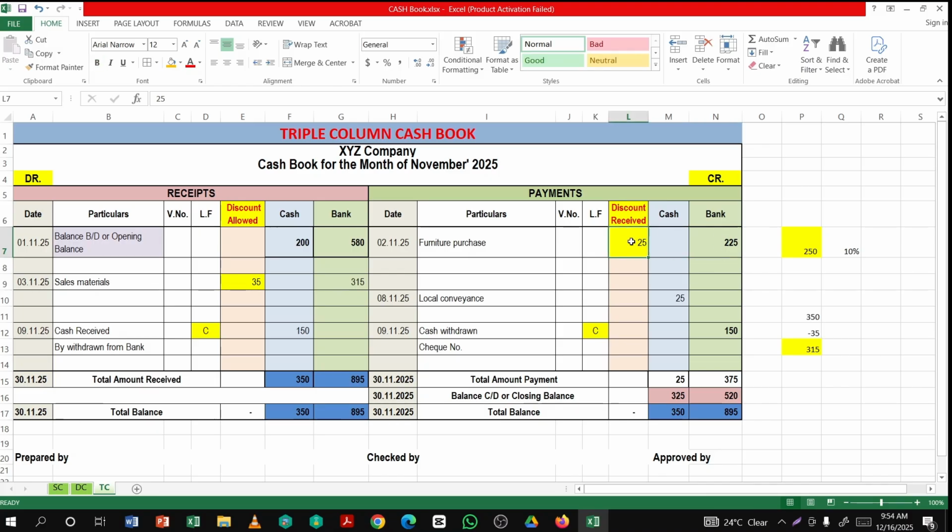This discount amount is added in payment section. 3rd November 2025, we sell materials 350 amount. When we sell these materials, we give 10% discount to the purchaser.